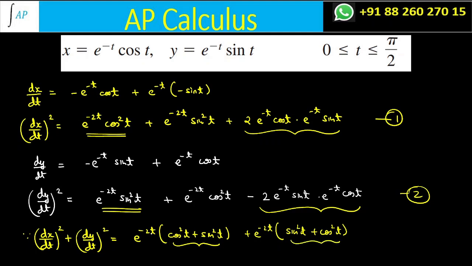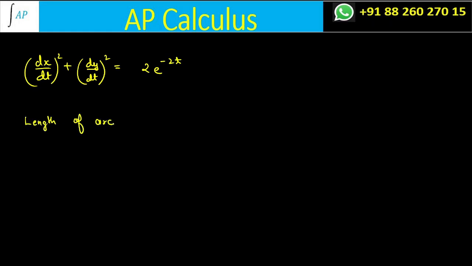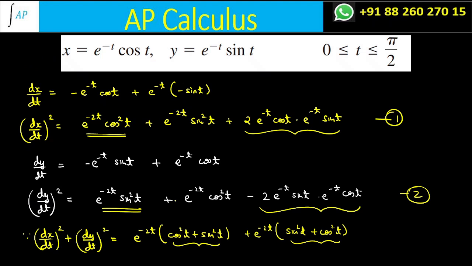So it is e to the power negative 2t plus e to the power negative 2t. So that will become (dx/dt) whole square plus (dy/dt) whole square equal to 2 e to the power negative 2t. Now the length of arc will be, the parameter t is going from 0 to pi by 2.